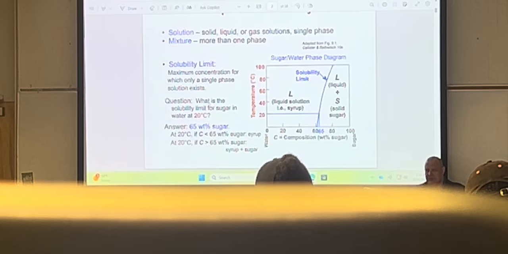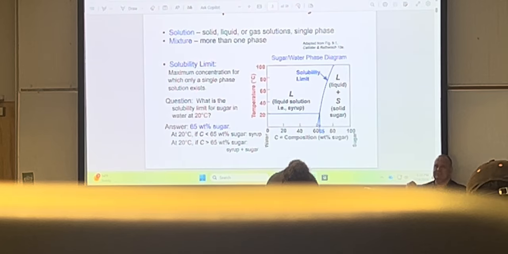Or what is the solubility of sugar at 20 degrees? We go over here and we see that it's 65%. And if we're below 65%, you could have sweet water. If we are above 65%, we're going to have sweet water and crystals of sugar floating, and you can actually see it with your eye.